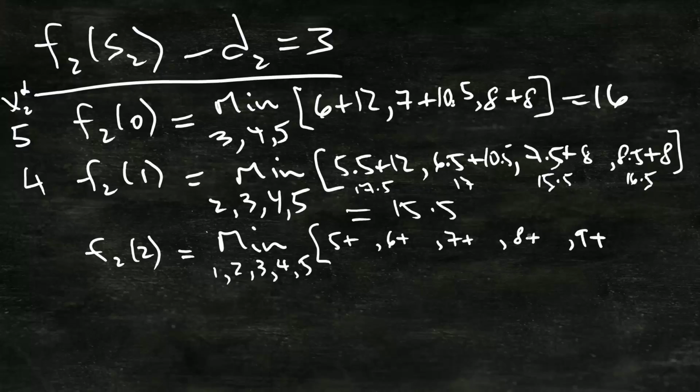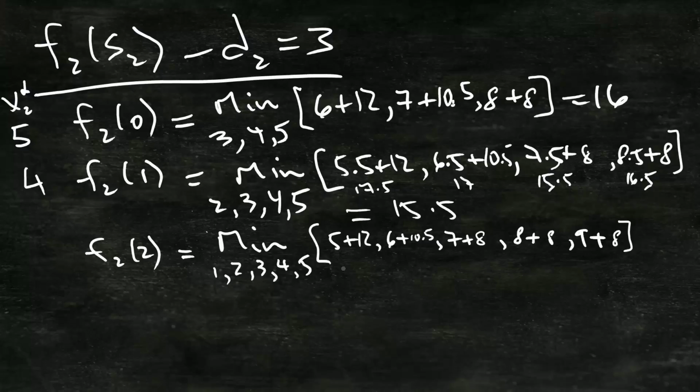And 1, 2, 3, 4, 5. And then if we produce 1, we'll have 0. That'll take us to 12. And then 10.5. And 8. And 8. And we looked before, it's 8.